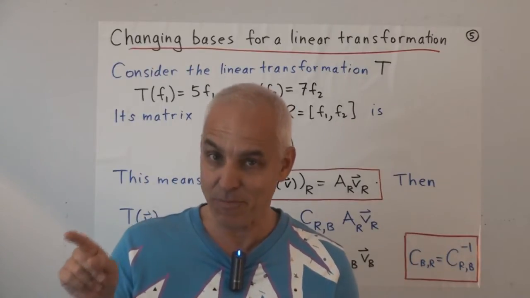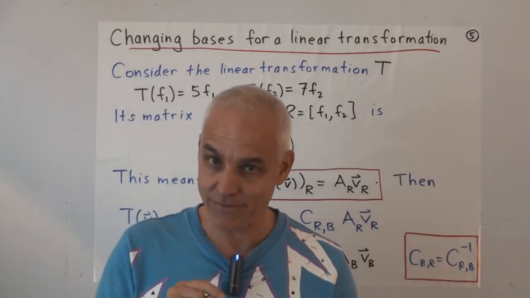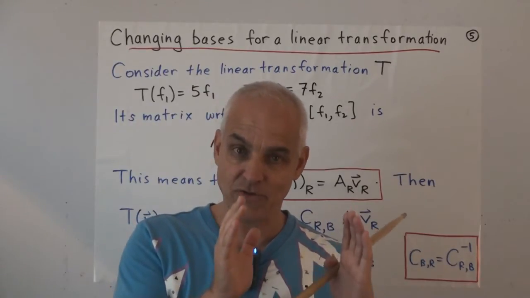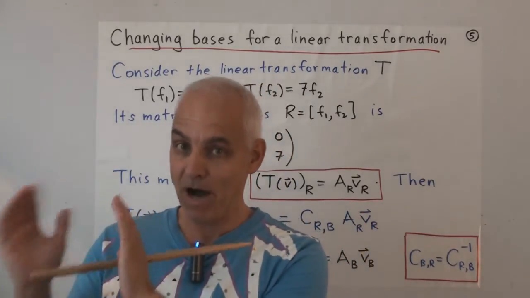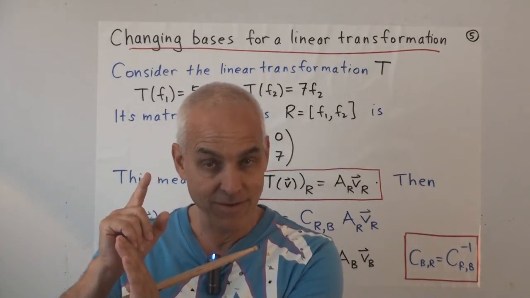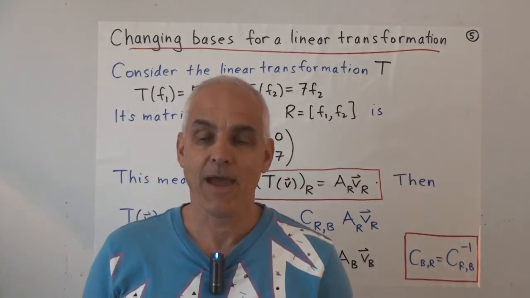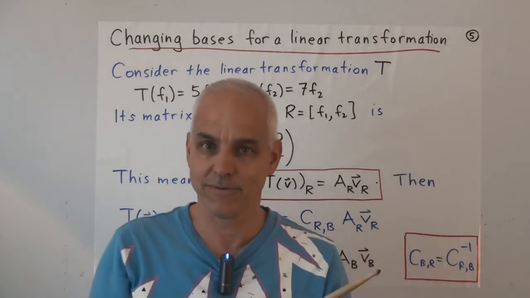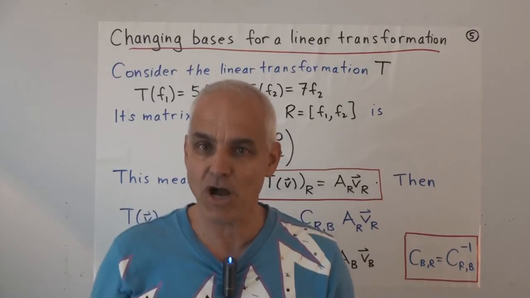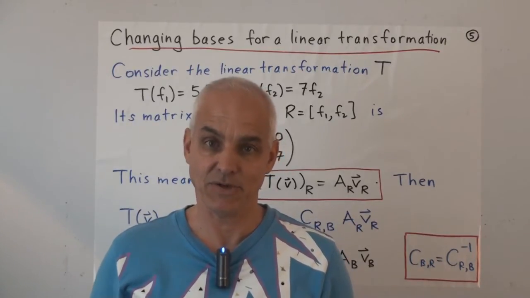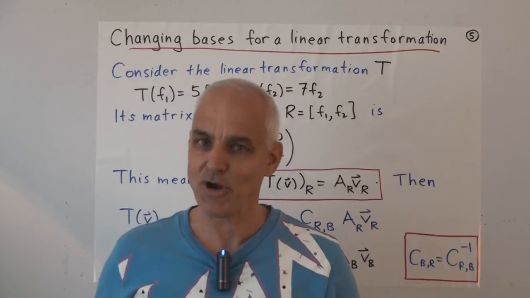But it's going to be a different matrix to the one Bob has. So Rachel's description of a linear transformation as a matrix and Bob's description of that same linear transformation are going to be different. And we need to be able to see how to go from one to the other. It's a little bit more complicated than just multiplying by a change of basis matrix, but not that much more complicated.